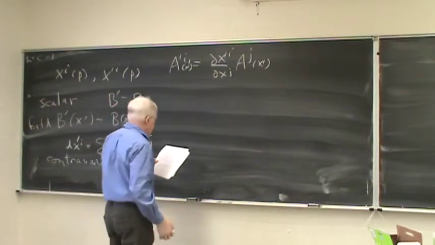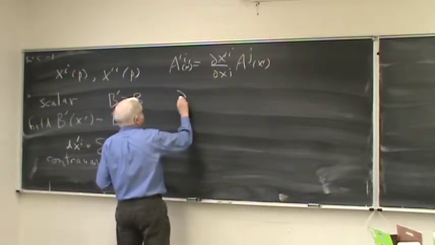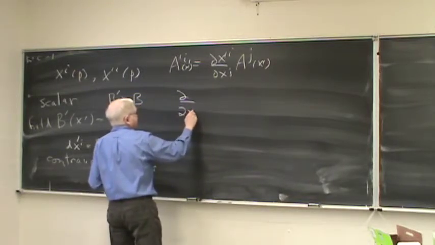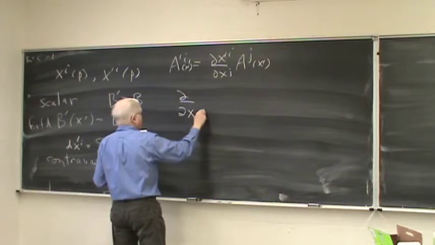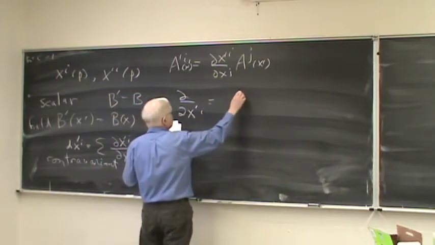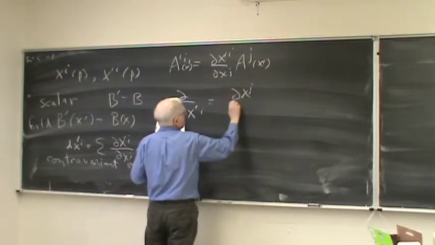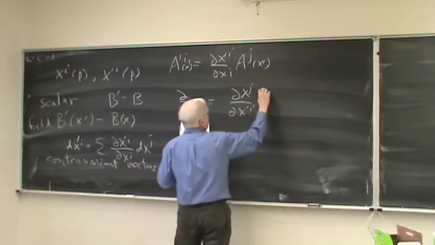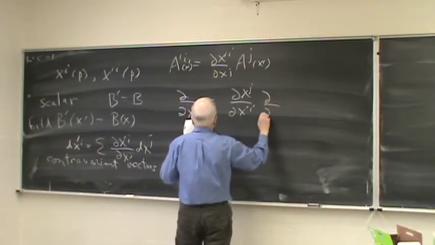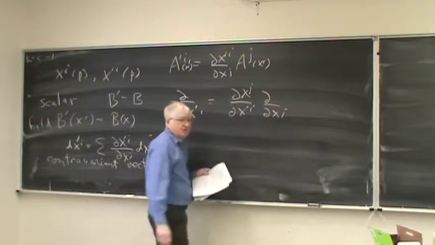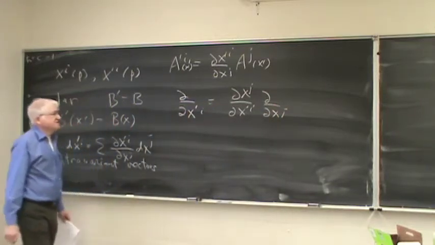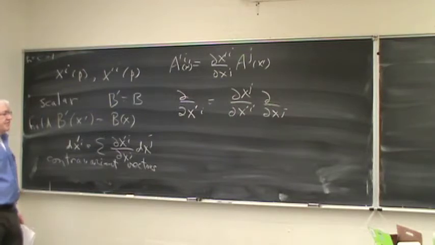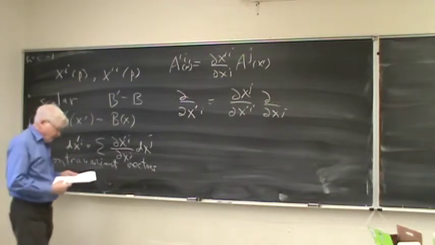Covariant is equally simple. The derivative with respect to x i prime is partial x j over partial x i prime, times partial over partial x j. So that's the chain rule for differentiating. That's how derivatives transform.